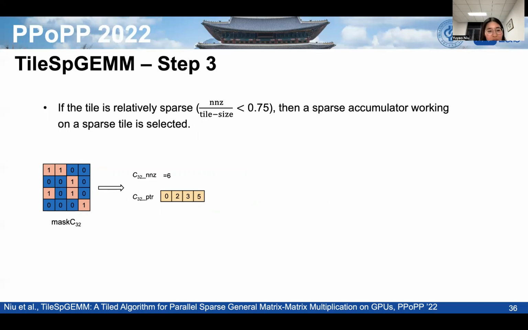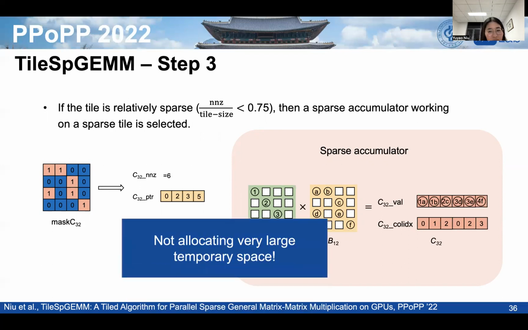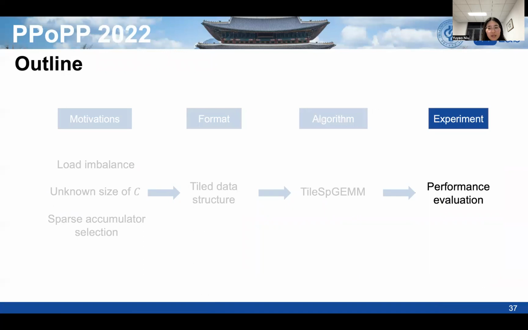Then a sparse accumulator working on the sparse tile is selected. In our sparse accumulator, the mask generated in step 2 is used to generate the column index. Then the atomic add operation is used to compute the value. As we can see, in our sparse accumulator, we do not allocate a very large temporary space either. And that's all our advantage.